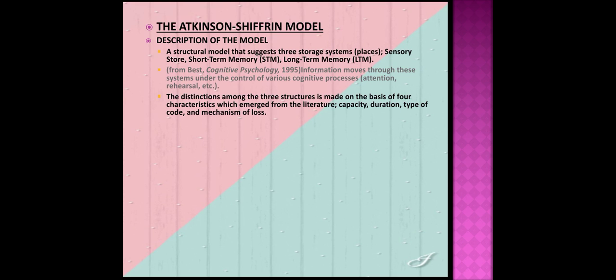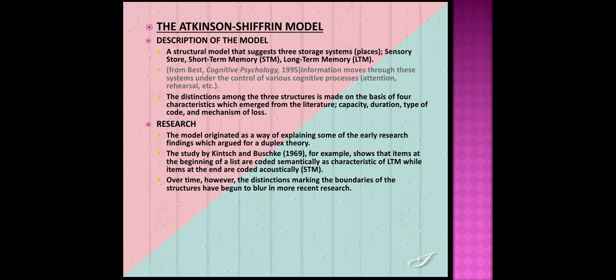From Best, Cognitive Psychology, 1995, information moves through these systems under the control of various cognitive processes: attention, rehearsal, etc. The distinctions among the three structures is made on the basis of four characteristics which emerged from the literature: capacity, duration, type of code, and mechanism of loss.